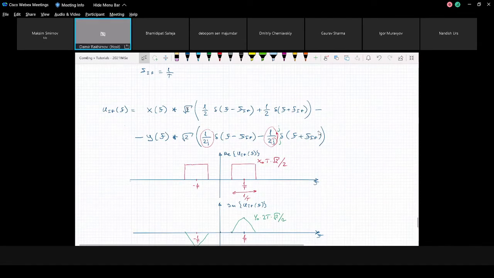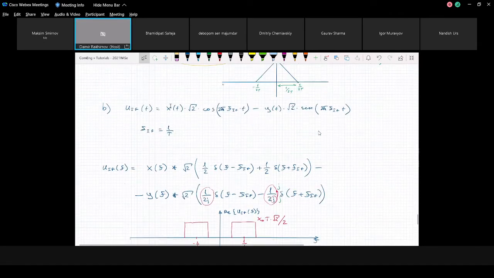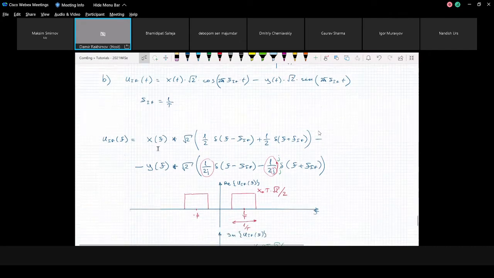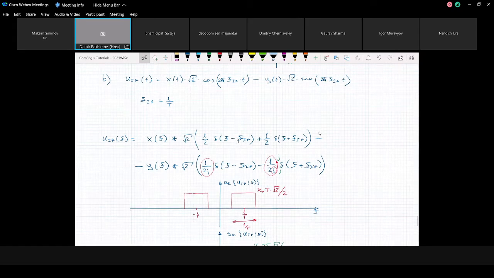And we can write that this is how it looks in time domain. And if we go to the frequency domain, we use the spectrum of our signal, and then we have the Fourier transformation of cosine and sine functions. So we have X of f in convolution with 2 delta pulses.